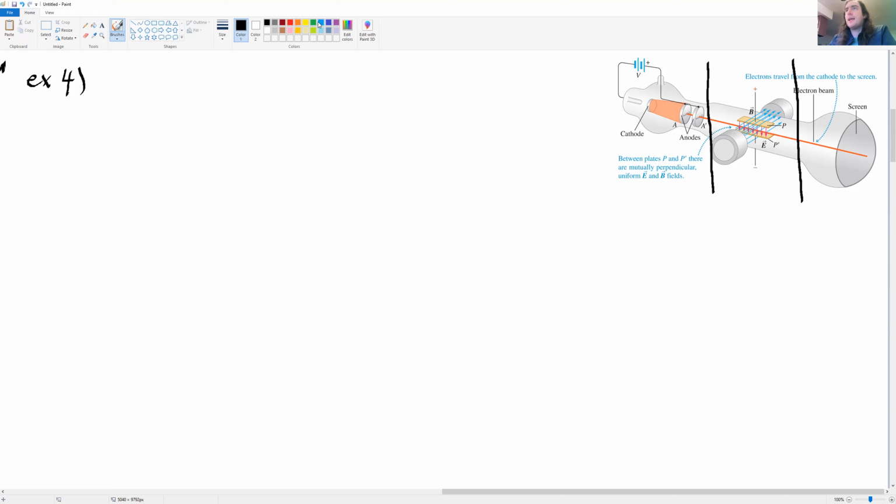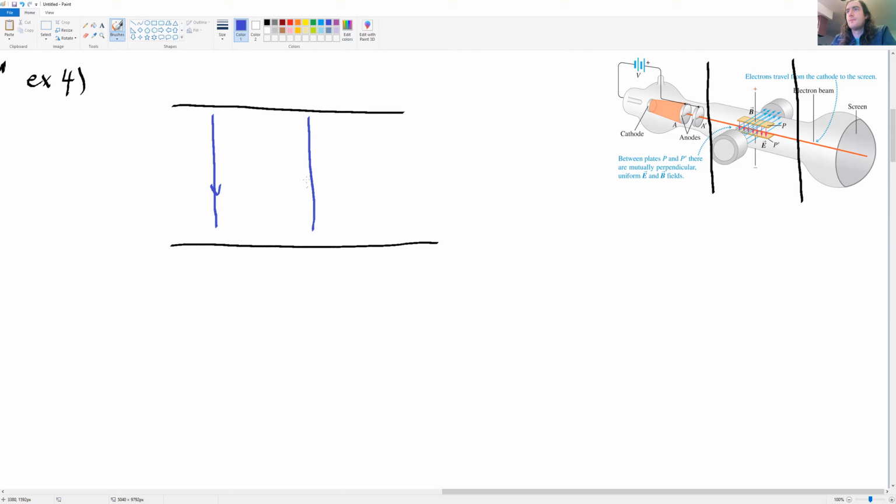Now, in this particular case, this device is called a velocity selector. Let me try and draw it in this way. So we have an electric field going down like this, and we have a magnetic field going into the board, into the screen.